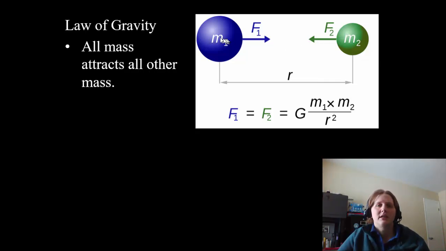So let's pretend that this is the Earth. Mass 1 is the Earth, and M2 here is you. You have a certain weight, a certain force between you and the Earth. Let's say it's 180 pounds. Earth pulls you down with 180 pounds.